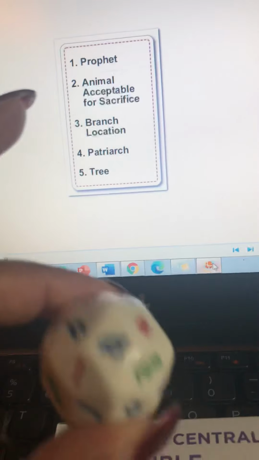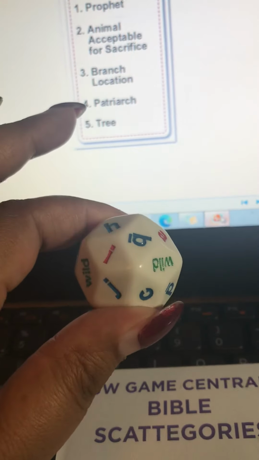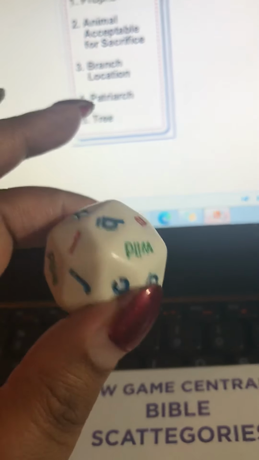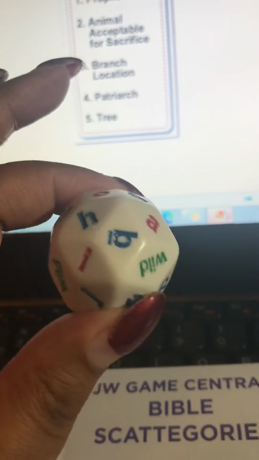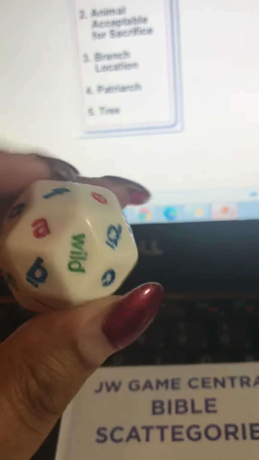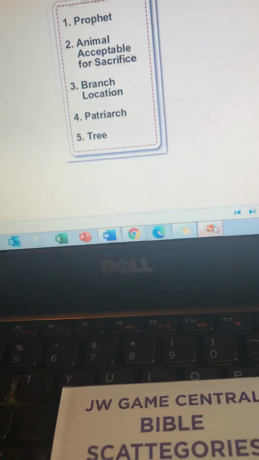You also receive a letter die. The thing I like about this die versus a traditional Scattergories die is this has all of the letters. A traditional Scattergories die has 20 to 21 letters, but this has all 26 letters in the alphabet, and also has 4 wild. So if you draw a wild, then you get to pick the letter.